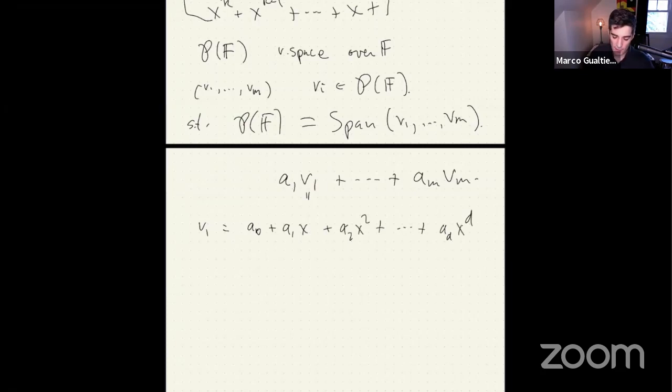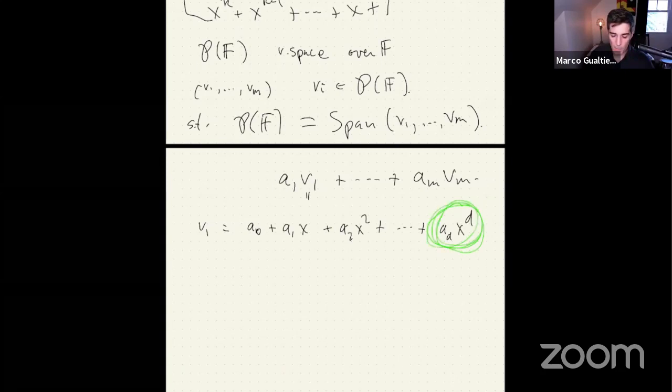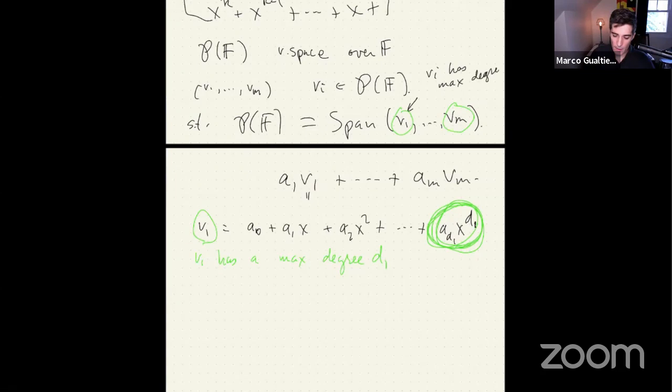That means that there will be a maximum degree for V1. Let me call it D1. Each one of these will have a maximum degree; vi has maximum degree di for some di.